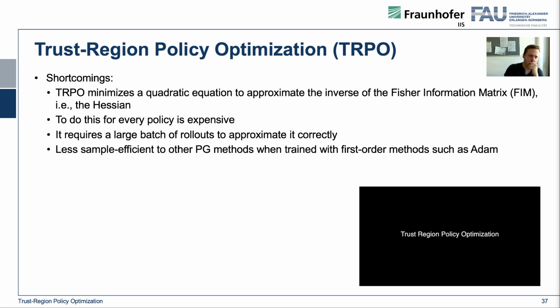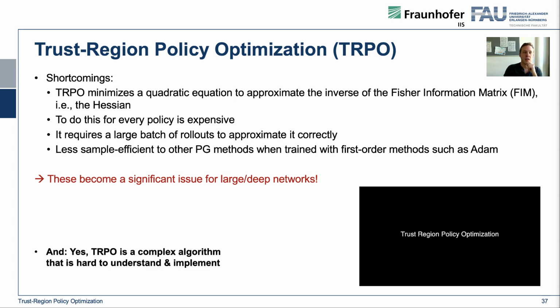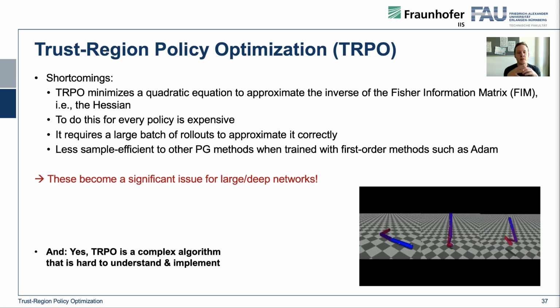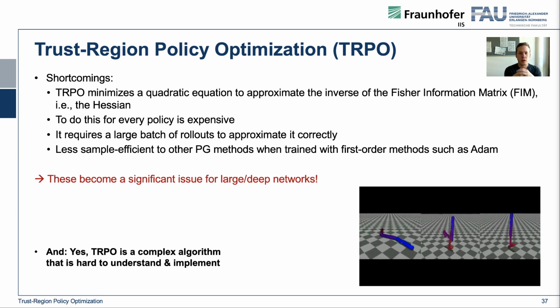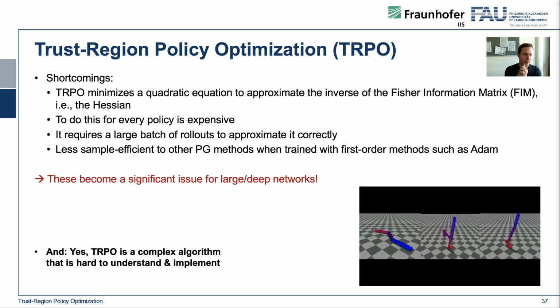And usually TRPO is less sample efficient than other policy gradient methods when those are trained with first-order methods such as Adam. This becomes a significant issue if you train large deep networks, because the computation of the second-order derivatives becomes very complex.